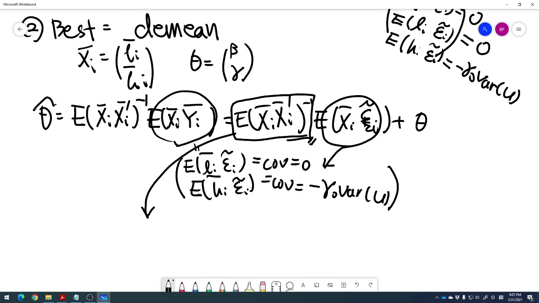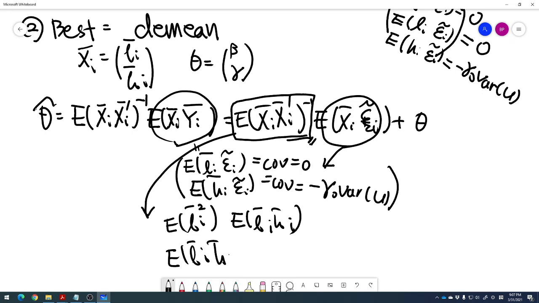It is 2 by 2: expectation of L bar squared, expectation L bar H bar, expectation L bar H bar, and finally H bar squared. So the x prime x is this, and you put the inverse of that.